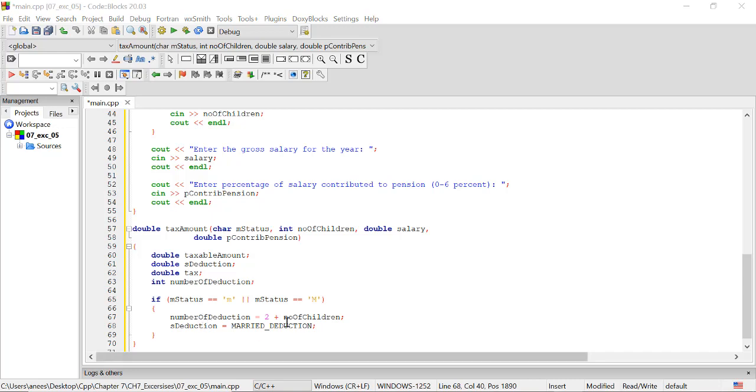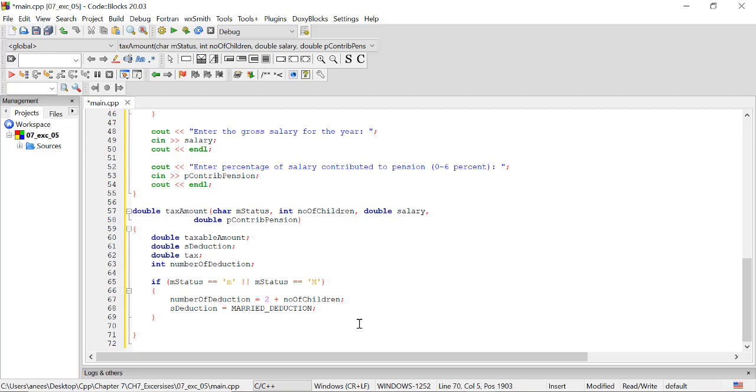Now you see what we're doing here is we're actually calculating what we can't tax, and then we're going to subtract that from the main salary, and from there we have what we can tax, right? We tax it from that amount, and then we can get our total tax for the year.